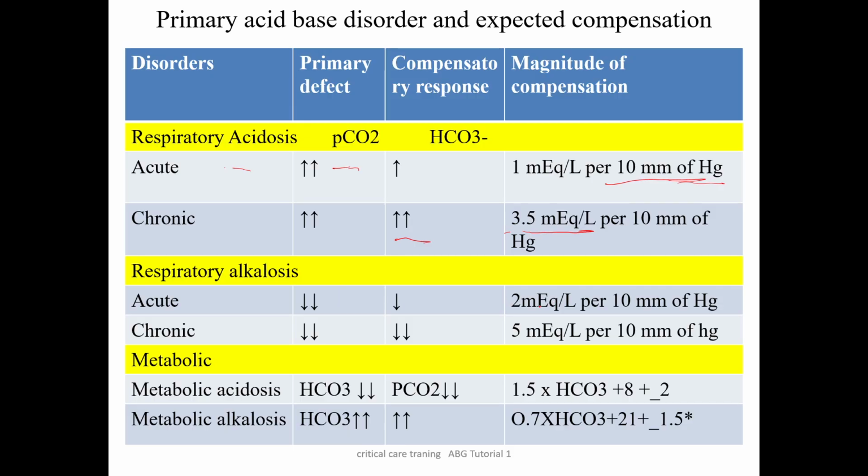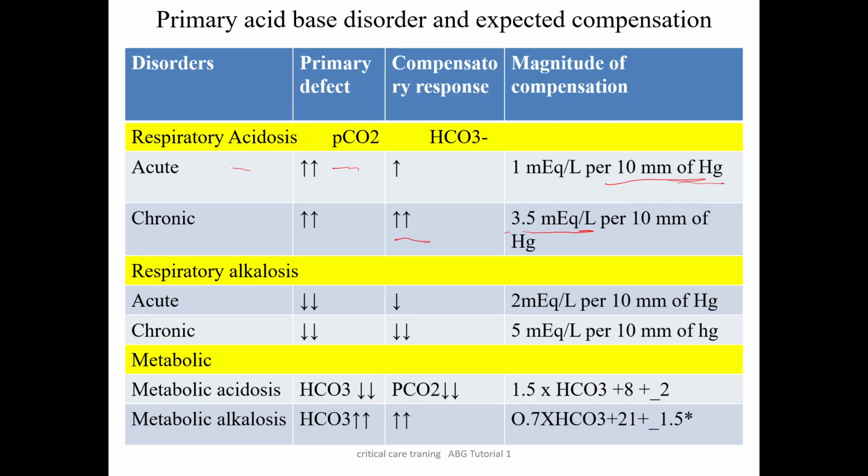The bicarbonate will be reduced by 2 milliequivalent per 10 in acute, or in chronic it will be 5 milliequivalent per 10 millimeters of mercury. So you can remember the formula as 1, 3.5, 2, 5: acute respiratory acidosis 1, chronic respiratory acidosis 3.5, acute respiratory alkalosis 2 for every 10 drop, and chronic 5 for every 10 drop in PCO2.